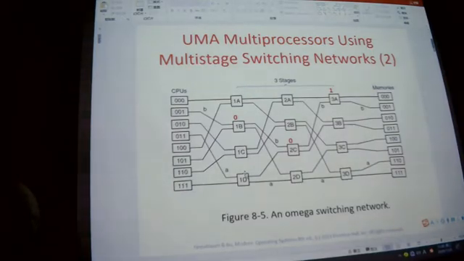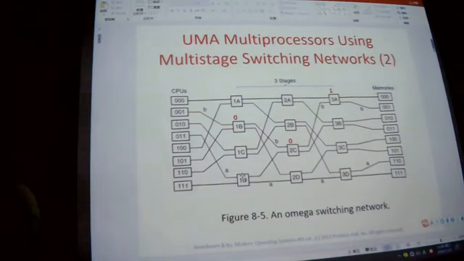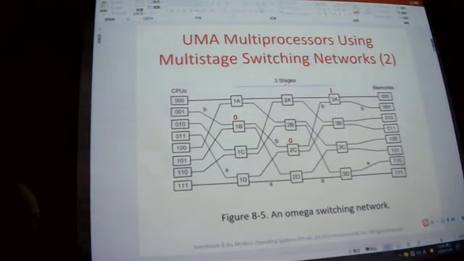Which one? Tell me. 0, 1, 1, right? No. The destination. Destination is 1, 1, 0. The ending point. Just use the ending point as the signal. This is 1, 1, 0. Okay.